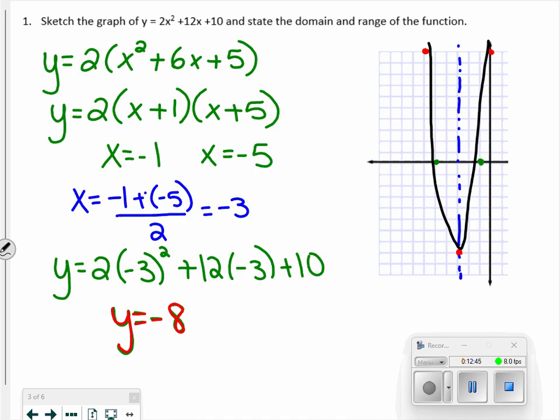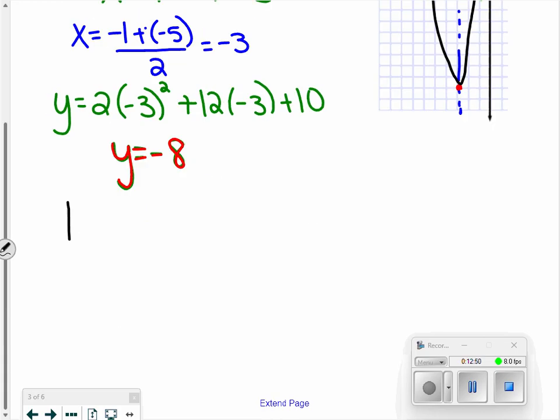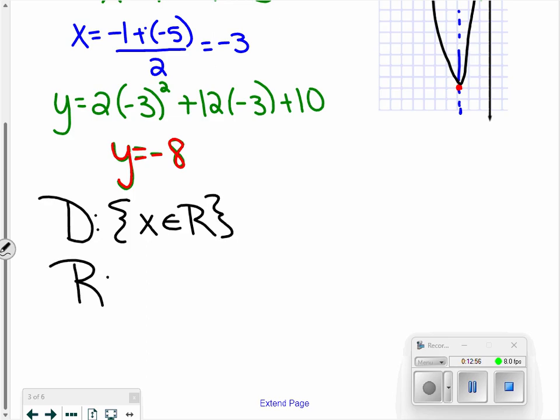Oh, state the domain and range, because we need as much practice with it as we can. Domain doesn't change. X is an element of the reals. Range. Y is less than or greater than? Are you sure? Greater than or equal to negative 8. Y is an element of the reals.